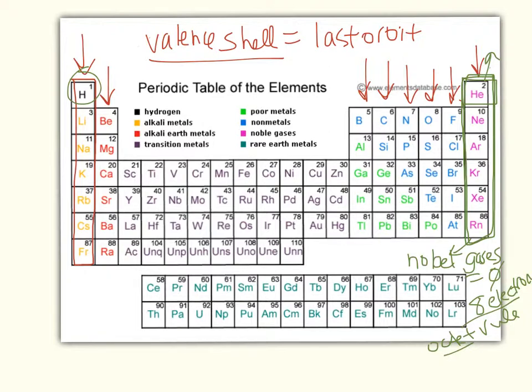It's easier to get rid of 1 electron than gain 7. So remember, our electrons are negatively charged. So when hydrogen's family group, so hydrogen, lithium, sodium, all the way down, give away that 1 electron, they become more positive because our electrons are negatively charged. So hydrogen's family has a +1 charge.